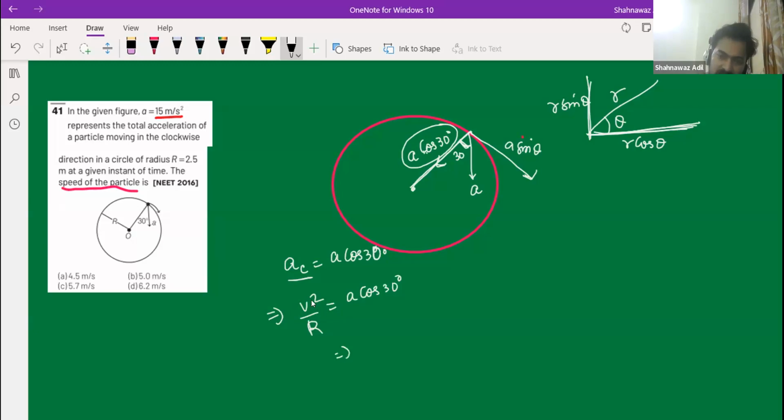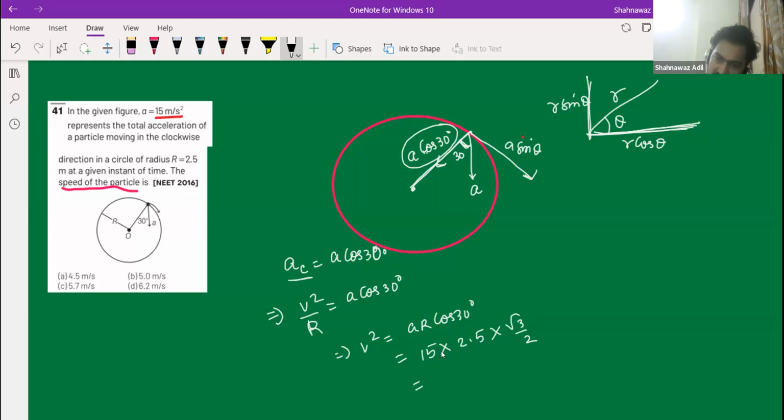So V square would be A R cos of 30 degrees. A is 15, R is 2.5, and cos 30 is root 3 by 2.